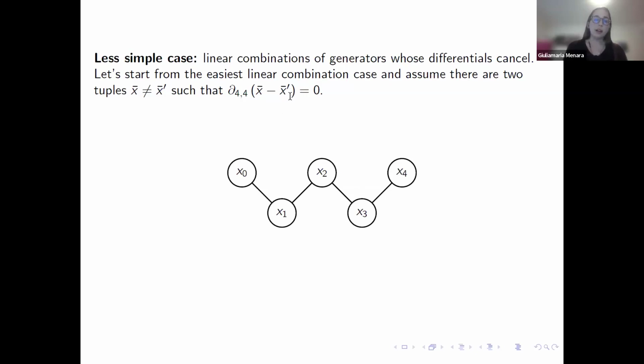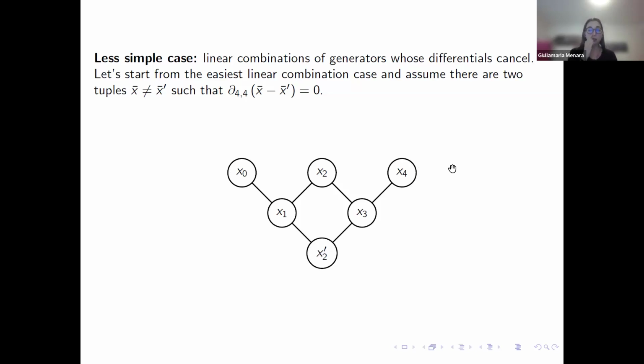Now we want x bar prime to be different. So in principle, they need to be different in at least one vertex. What happens is that they need to be different in precisely one vertex. So we need something like this. We need x bar prime to be x0, x1, x2 prime, x3, x4.